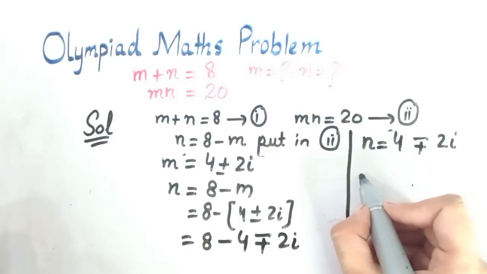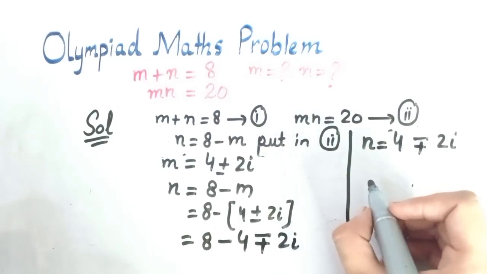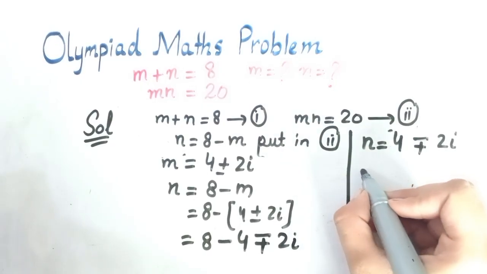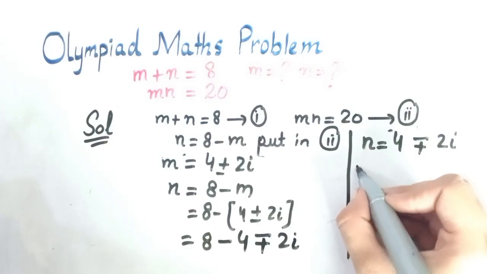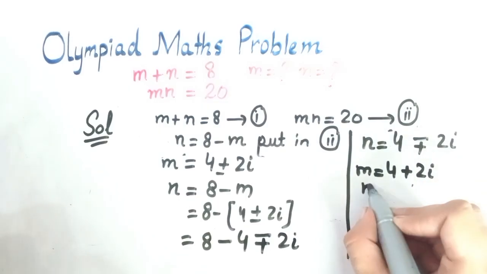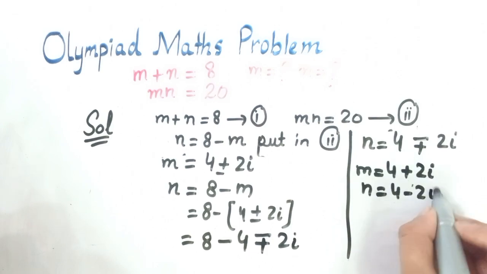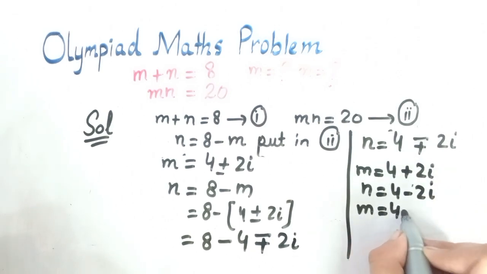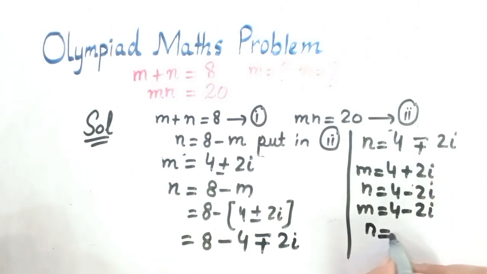So you can see we get the ordered pairs of m and n in two parts. First, m equals 4 plus 2 iota, then n equals 4 minus 2 iota. When m equals 4 minus 2 iota, then n equals 4 plus 2 iota. So this is the solution.